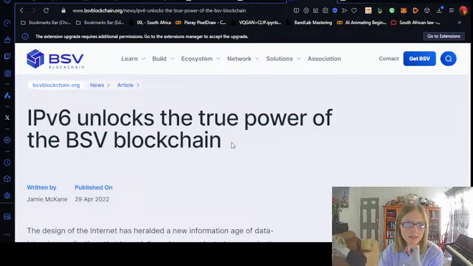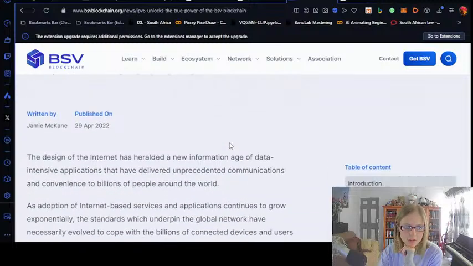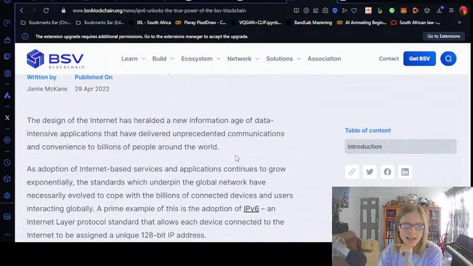So this is an article on bsvblockchain.org. It says, IPv6 unlocks the true power of the BSV blockchain. The design of the Internet has heralded a new information age of data-intensive applications that have delivered unprecedented communications and convenience to billions of people around the world.